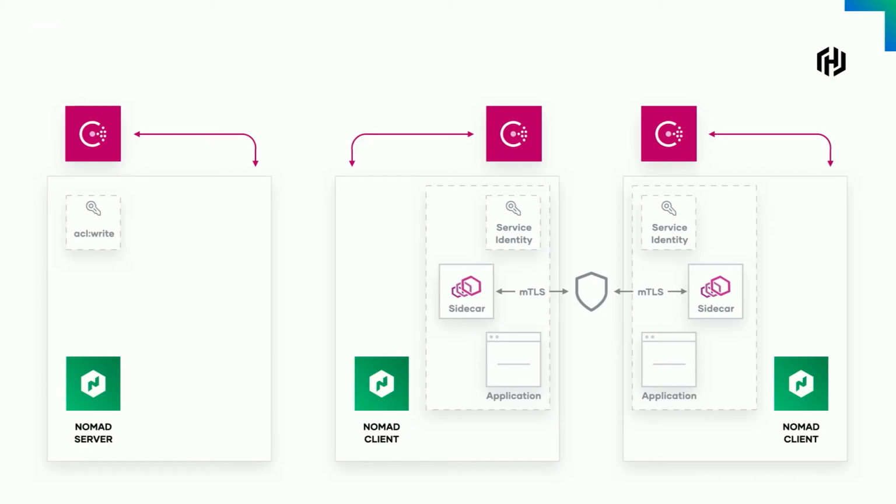So Nomad clients actually call back to the Nomad servers and request a service identity token, which is a token that the Nomad server creates with its management token or its token with ACL write permissions. And it creates a token that is scoped specifically just to the permissions that are needed to run that sidecar. And that token is only associated with that sidecar.